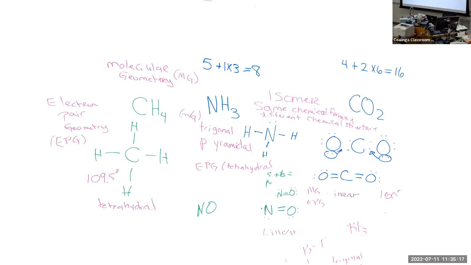So we have trigonal planar, trigonal pyramidal, tetrahedral, okay, and linear. Okay.